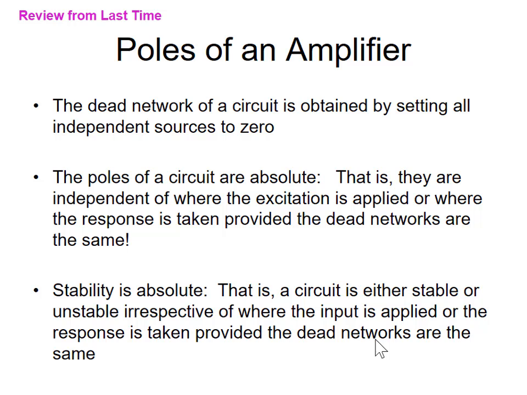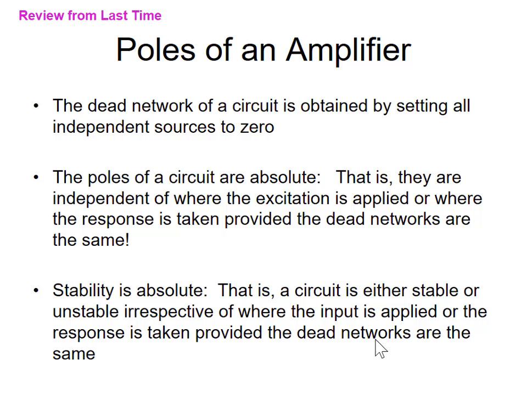That seems like a pretty powerful observation, that the poles are the same irrespective of where you take the output. You can take any current output on a circuit, any node voltage output, any differential voltages on the circuit at the output, divide that by any input, and the poles will always be the same.